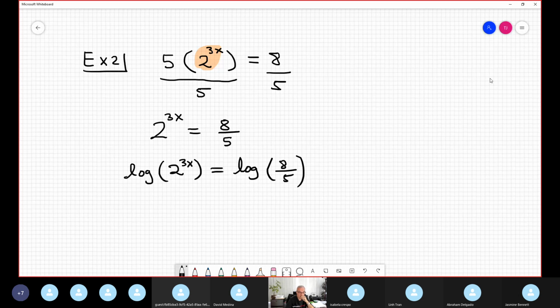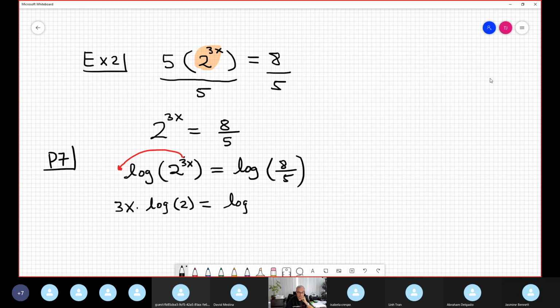And one more time you apply property number 7, which allows this exponent to fly outside like a factor. So I write 3x times, of course, log(2), equals log(8/5).